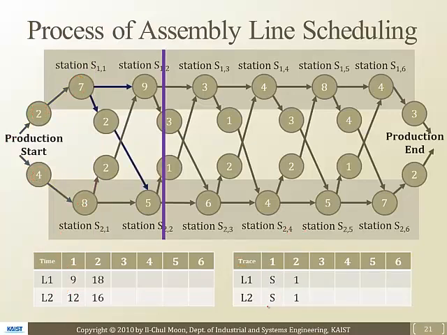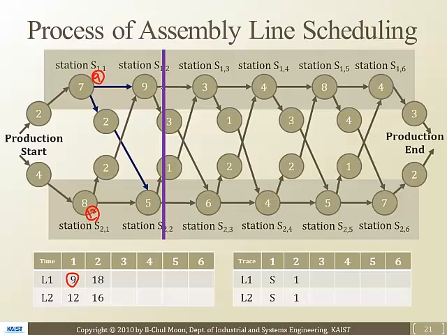And then the next thing is, to reach station 1, 2, what's the best way to get here? What's the fastest way to get here, right? It takes 9 minutes to come up here, plus 9 more, that's 18 minutes. To reach station 1, 2, there are two choices.